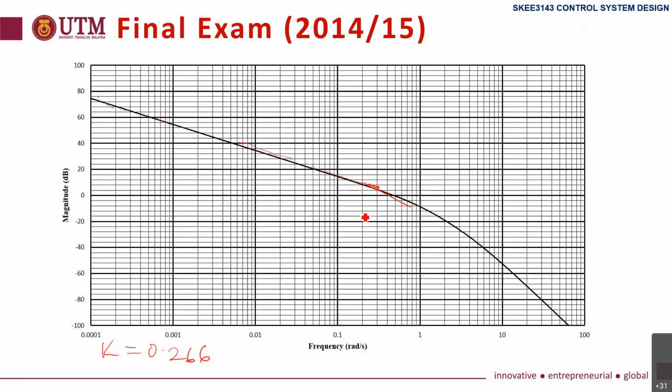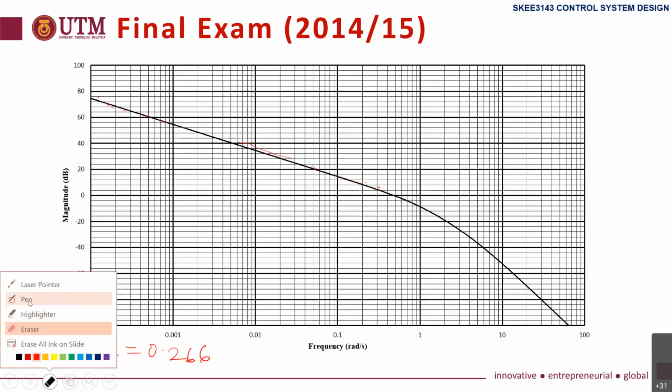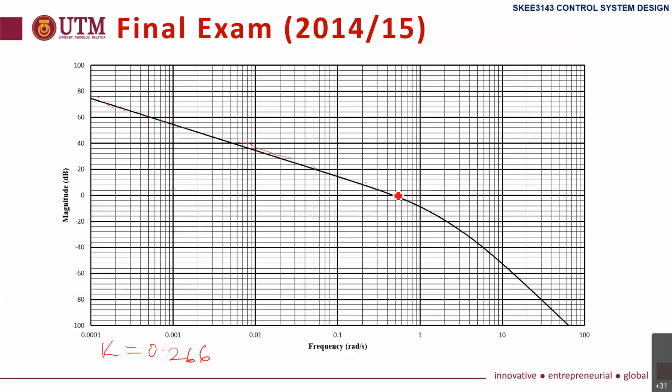Okay, 0.1, 0.2, 0.3. We can see it crosses here, 0.1, 0.2, 0.3, 0.4, 0.5. This is KV, 0.5. This is another way to find error. Then error is 1 over 0.5 equal to 2. Of course, this is not accurate.